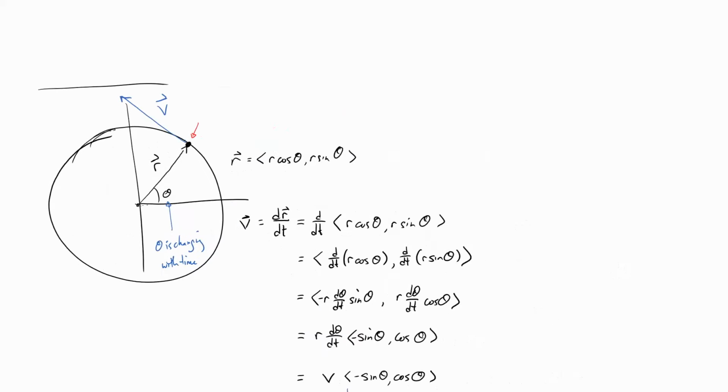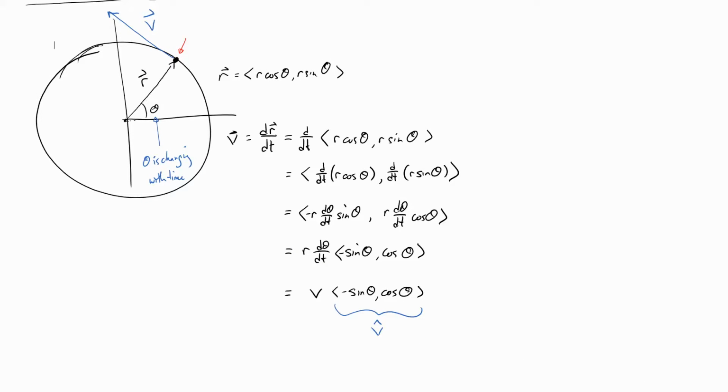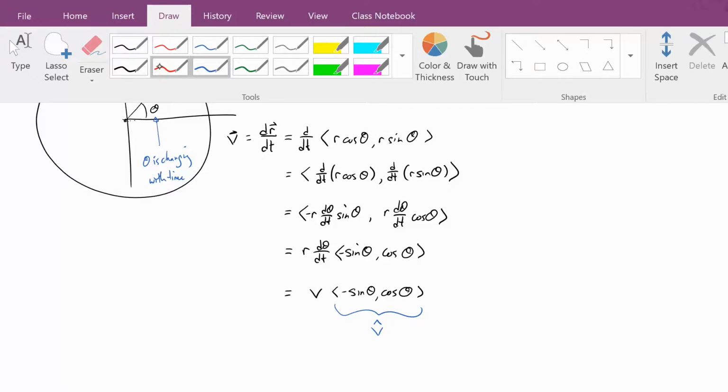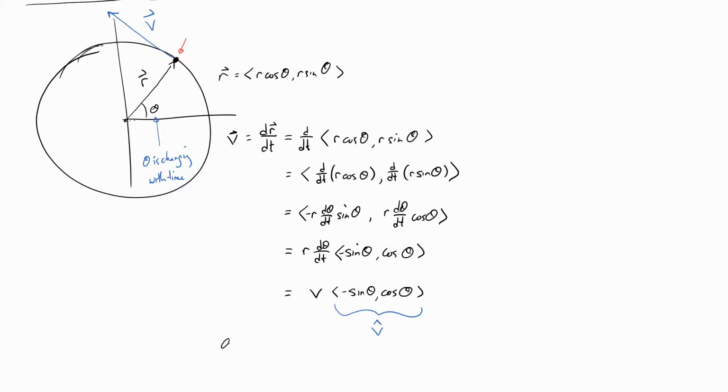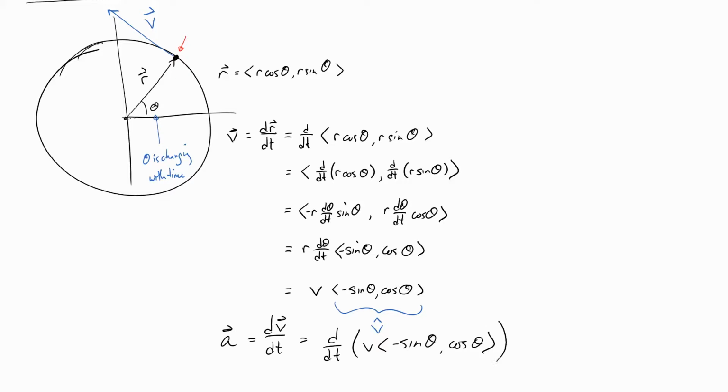Anyway, if we were to continue on once more, and I wanted to say that the acceleration is the derivative of the velocity, well, that means taking a derivative of this whole thing. Right?